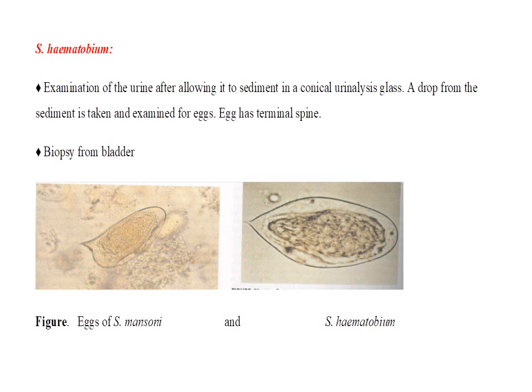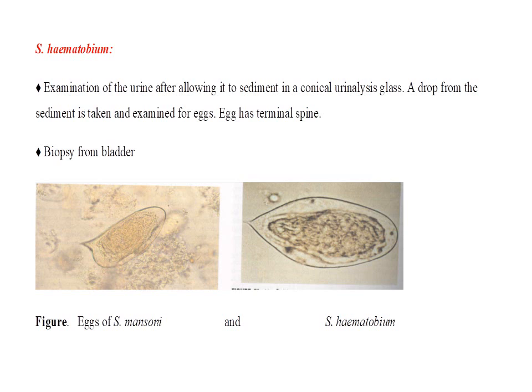Now the egg, our student, is characterized by having a large terminal spine. Large terminal, not lateral. The spine is at the end, not on the lateral side as shown in Schistosoma mansoni, Schistosoma japonicum, intercalatum, mekongi, and other species.